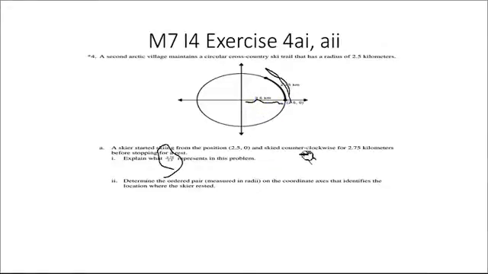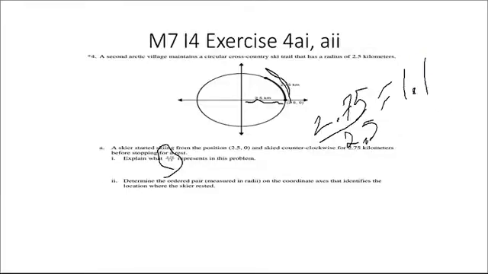Or, as we should all know by now, the angle measure subtending this arc in radius lengths, or radians. We got 1.1 radians.